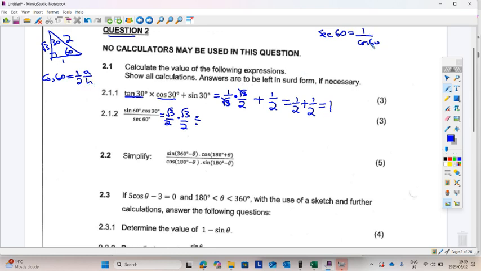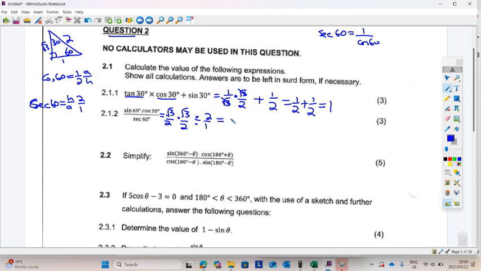But when you turn it upside down like this, it's no longer going to be saying 1 over 2 or adjacent over hypotenuse. So your sec 60, the reciprocal for cos, is equal to hypotenuse over adjacent. And this is going to be 2 over 1. So here we are saying divide by 2 over 1.